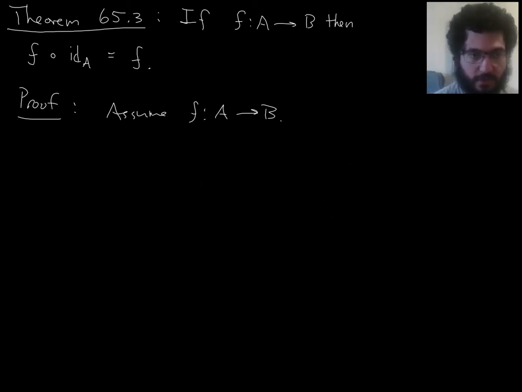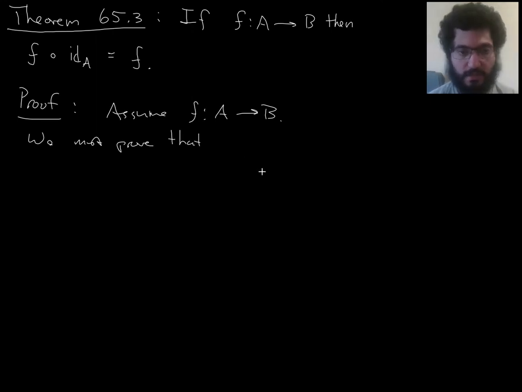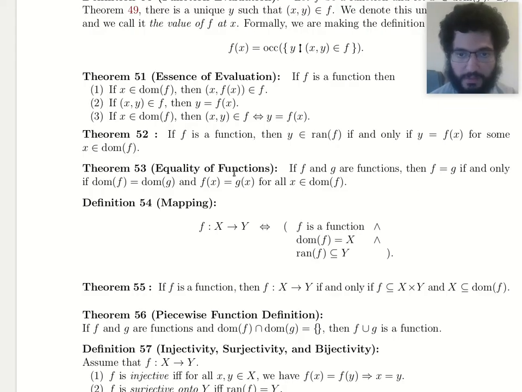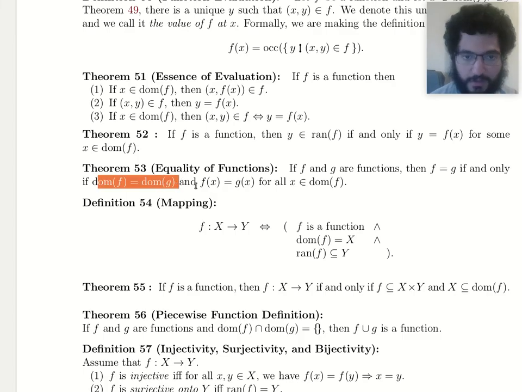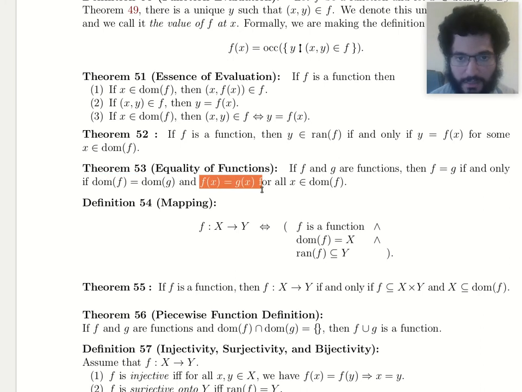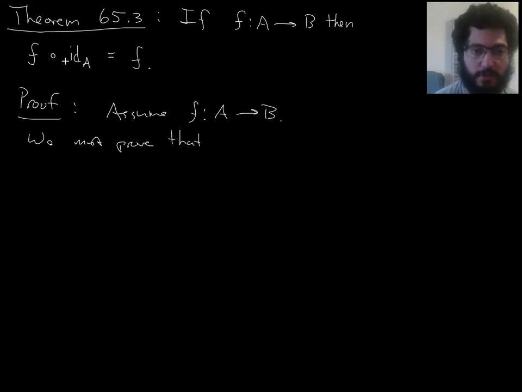So in order to reach our goal, we must prove that, so let's see, we're using Theorem 53, so by Theorem 53 we must prove that the domains of our functions match up and that the outputs match for any given input in the common domain. So we must prove that the domain of f composed with id A matches up with the domain of f.